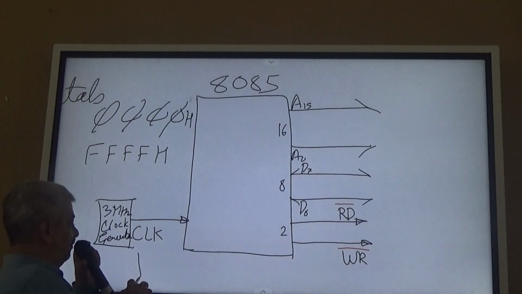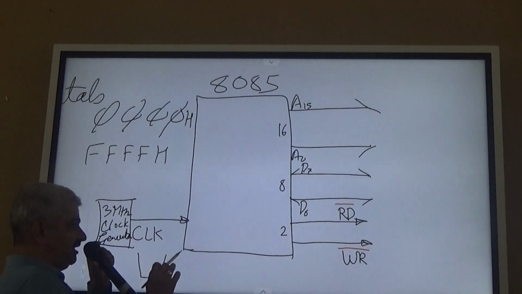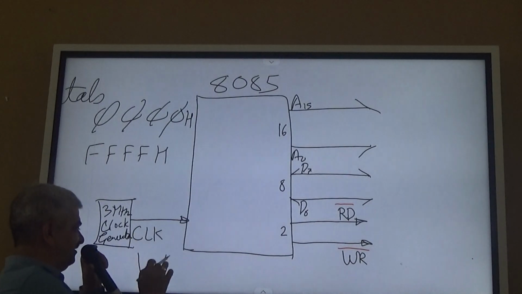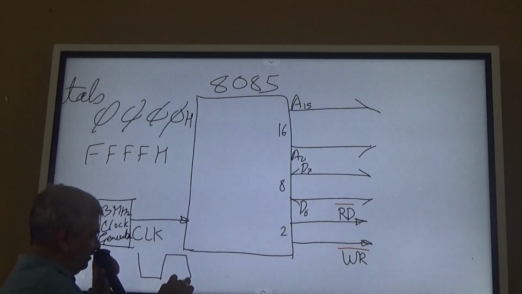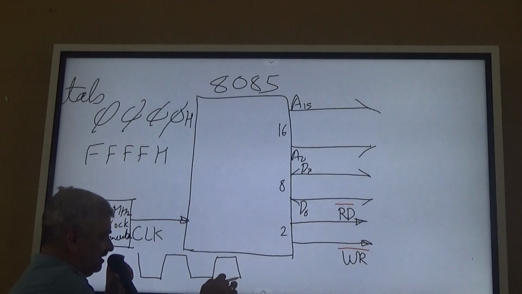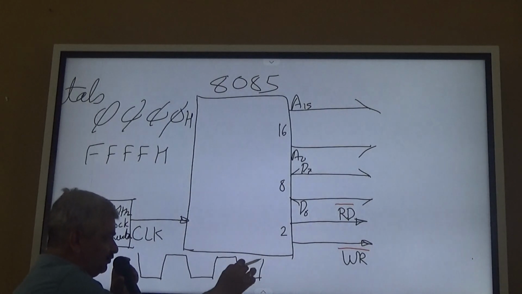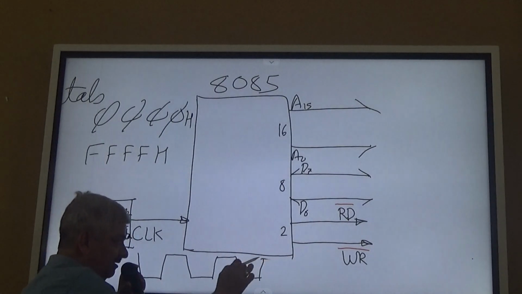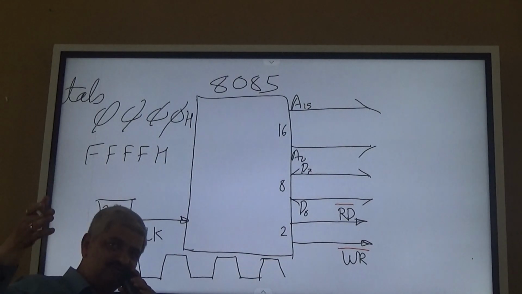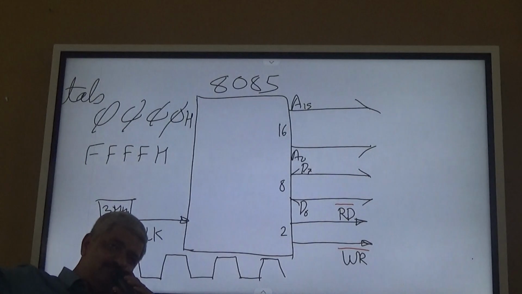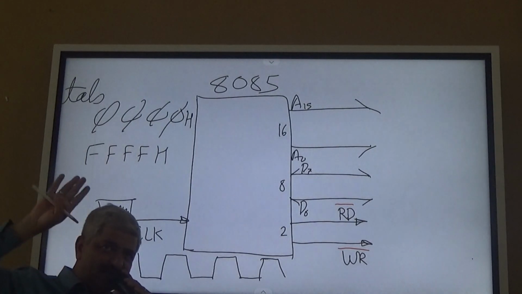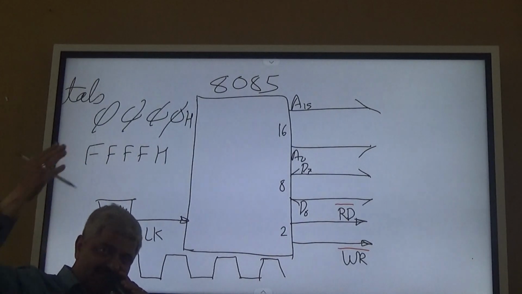If you see, it is deliberately shown somewhat slanted. That slanting indicates that the speed is very high. Suppose the clock is in kilohertz, then the time from 0 to 1 or vice versa, even though we expect it to happen instantly, takes some time.